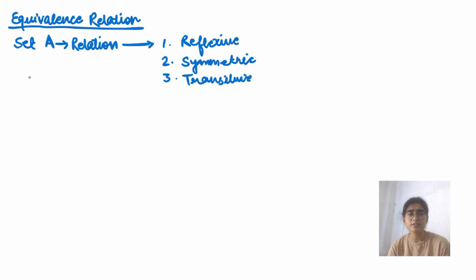So, if there is any relation on any set A that follows reflexive, symmetric, and transitive, the three of these properties, then that relation is called an equivalence relation. Okay.